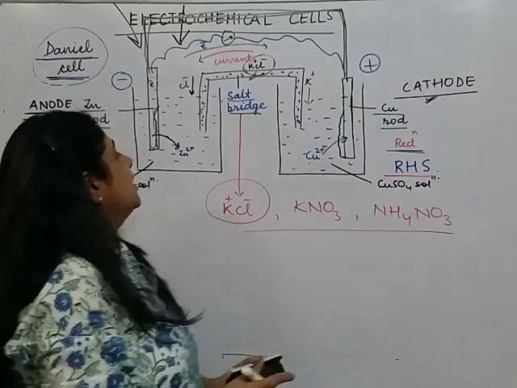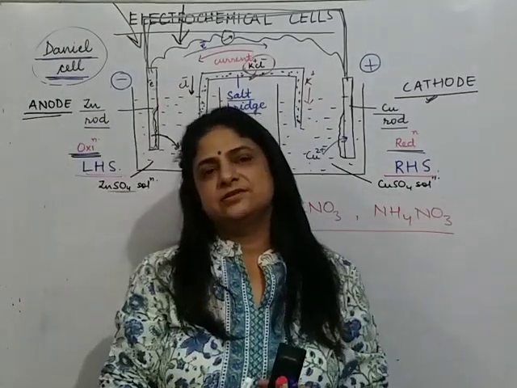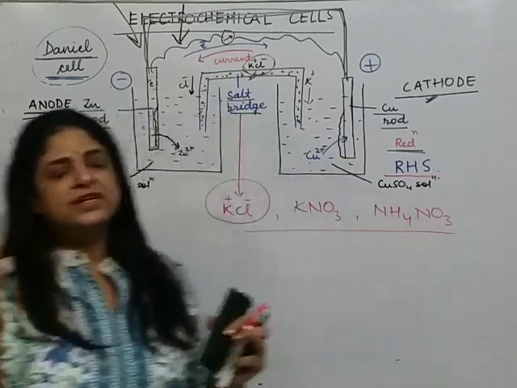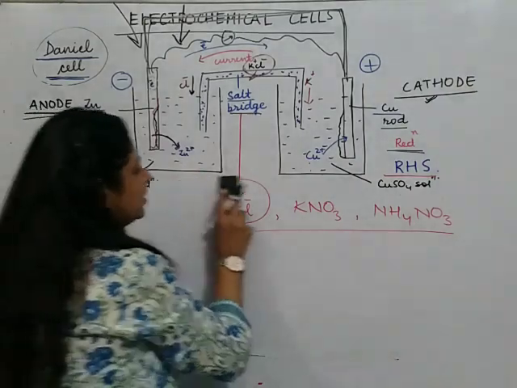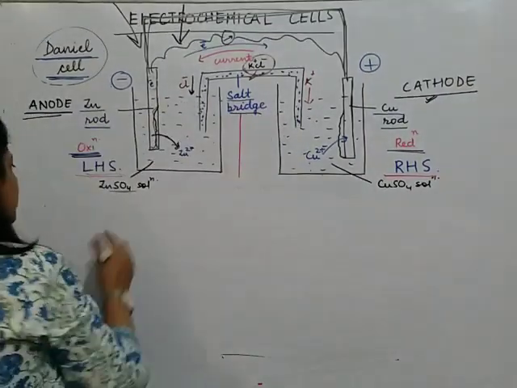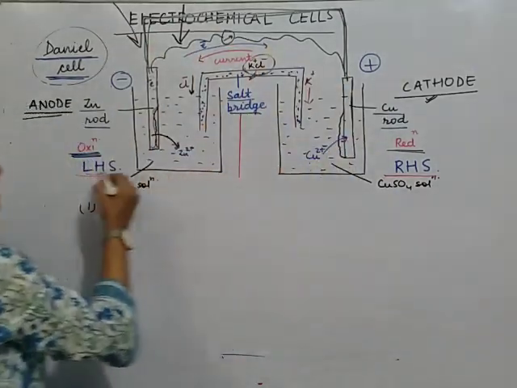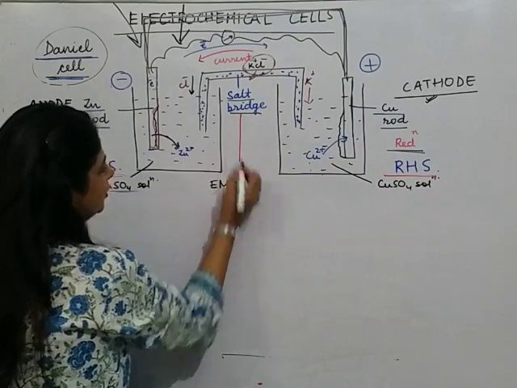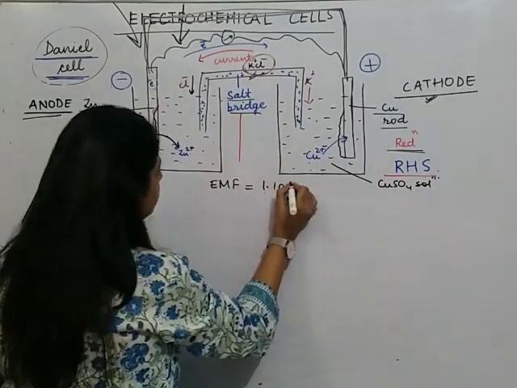But now if the opposing potential further increases, then what happens? So let's take these three examples to conclude this fact. Let's take this Daniell cell, and let's assume its EMF or potential is found to be 1.10 volts.